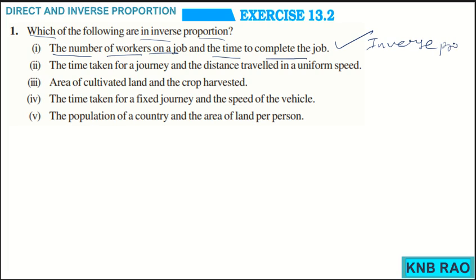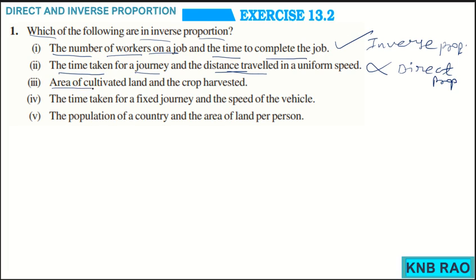Next, the time taken for a journey and the distance travelled. More the time you take, more the distance you have travelled, or more the distance, then you require more time. So, it is not inverse proportion, it is direct proportion.